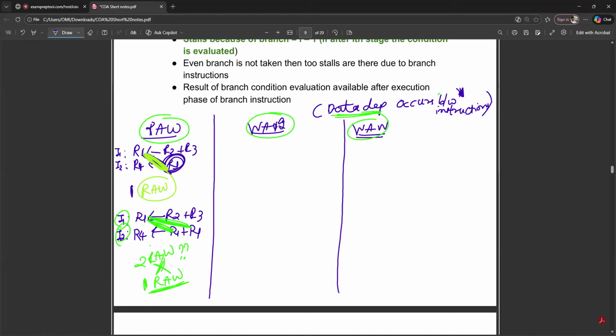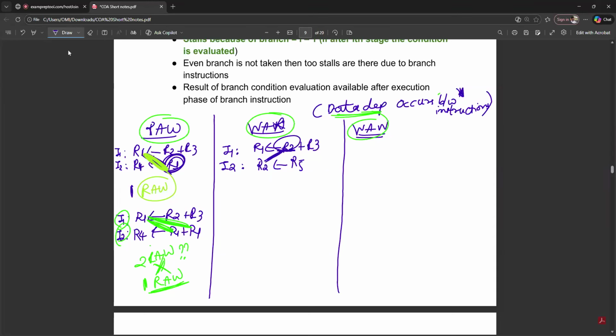Now what is the write after read dependency? You are writing it after reading it. Let's say you have something like this, and now I am changing here. After reading R2, you are writing it.